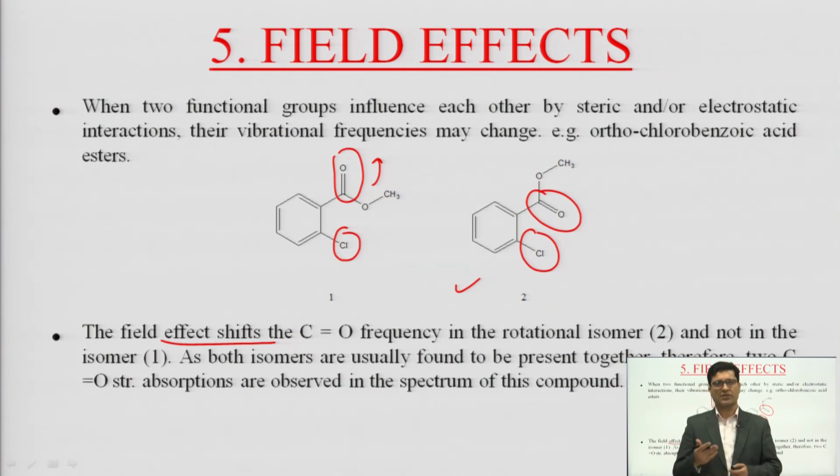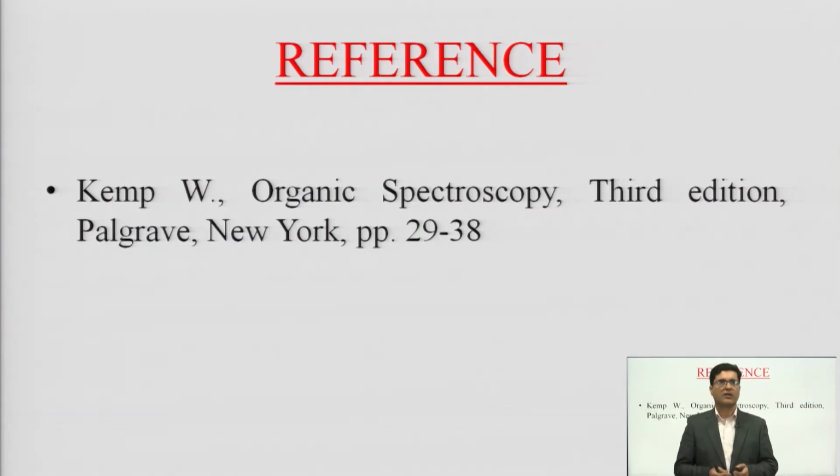This effect is also observed sometimes when there is a bulkier group present at the ortho positions. So, this is the field effect, which is responsible for steric or electrostatic interactions. Here is a reference: William Kemp, Organic Spectroscopy, 3rd edition, pages 29 to 38.